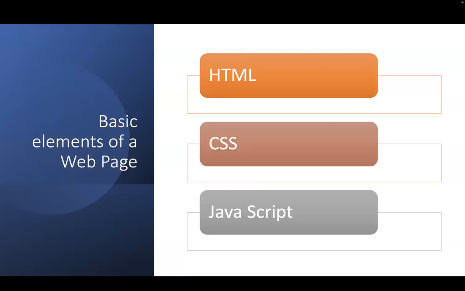But when you just use HTML, it doesn't look so good. It's basically white and black. So if you want to add some color, some styling, some animation to it, we need the other components, CSS and JavaScript. So these are the basic components or basic elements of a web page.